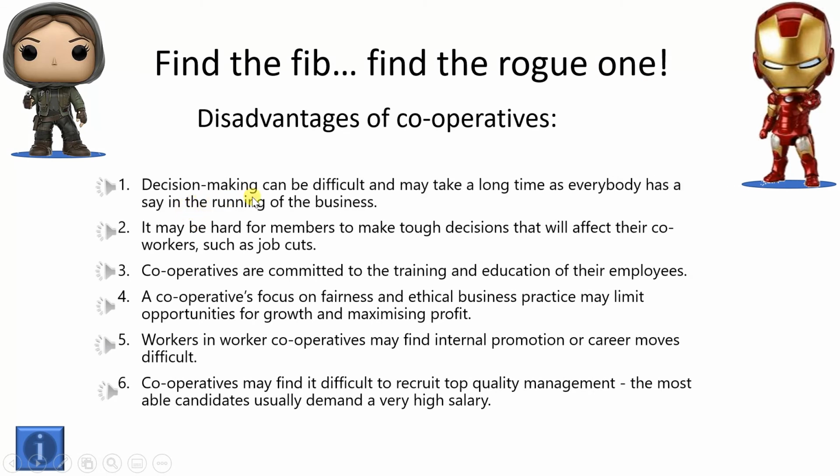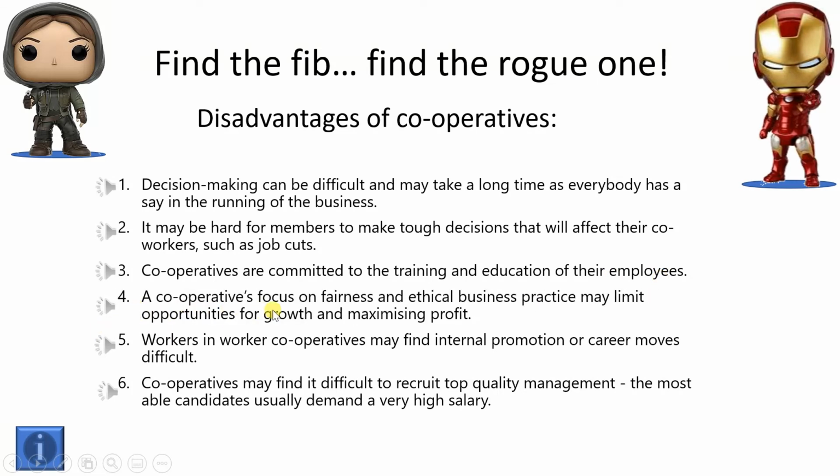Number 1, decision making can be difficult and may take a long time as everybody has a say in the running of the business. Number 2, it may be hard for members to make tough decisions that will affect their co-workers, such as job cuts. Number 3, cooperatives are committed to the training and education of their employees.